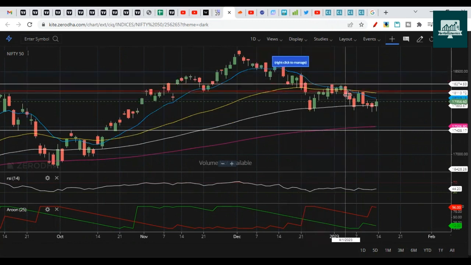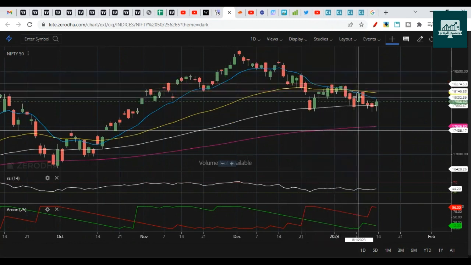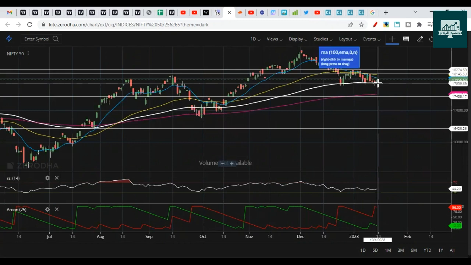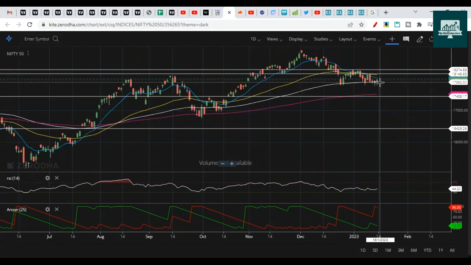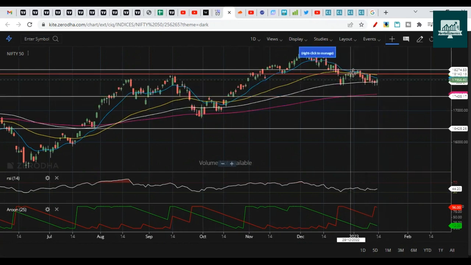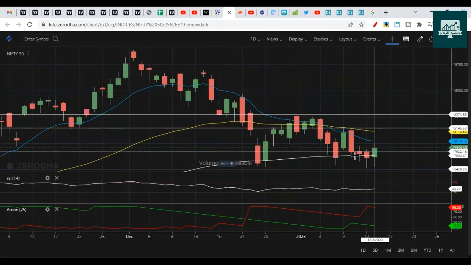The 13 EMA has crossed below the 48 EMA, so that clearly indicates the trend is bearish to sideways. When these short-term moving averages cross below the long-term moving averages, 100 and 200, then the trend will be more bearish. As of now, the trend is bearish to sideways as it is trading near the 100 EMA.